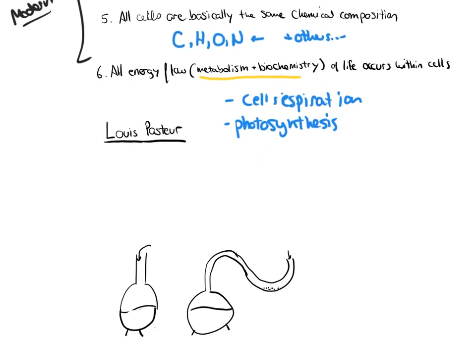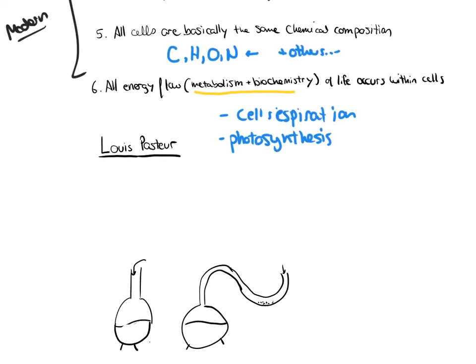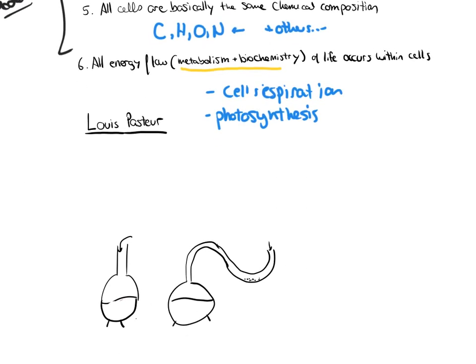Now, Louis Pasteur helped bring evidence to this first one, the fact that all living things are made from cells, and more particularly the idea of pre-existing cells. The idea of spontaneous generation was that if you put some broth out, and broth was a medium that bacteria could grow in, and you left it open to the elements, you'd come back after a few days and it would turn cloudy.